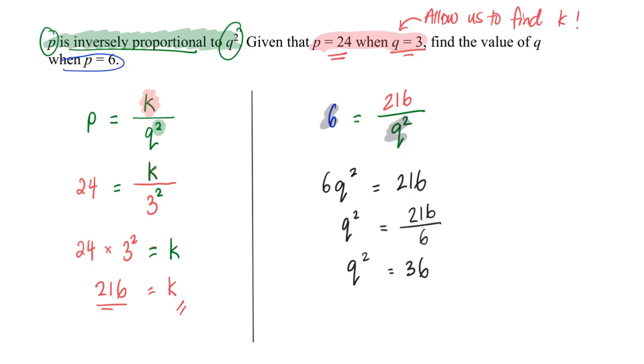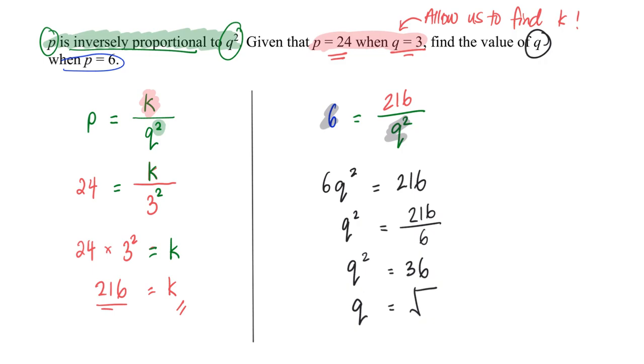But we are not exactly finding Q square. We are trying to find Q, yeah? So if I have a square to find the value of Q, I would then have to square root 36.